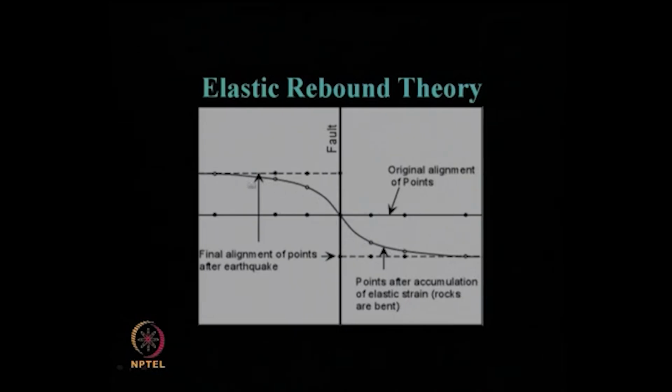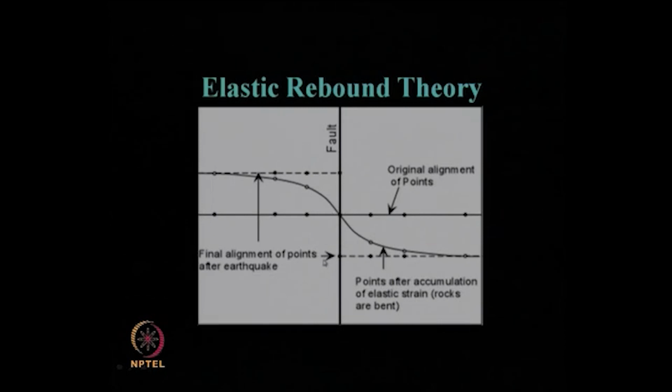So, this bending occurs to this original line. This original straight line, through the weakness within that rock, will try to get bent like this, and once it gets bent, then the sudden release of the energy will occur during the process of the earthquake.